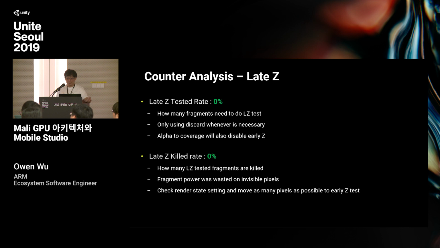In this case, you need to check the shader code and the render state settings to remove those operations which will cause RDC to be disabled. And if the latency kill rate is also high, that means the GPU has wasted power on many invisible fragments. That's the thing you will try to avoid.